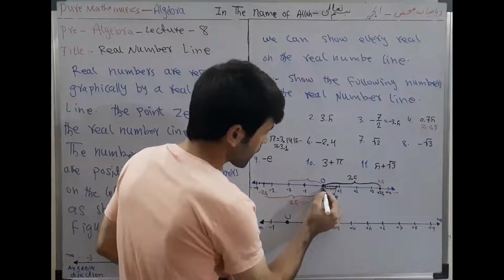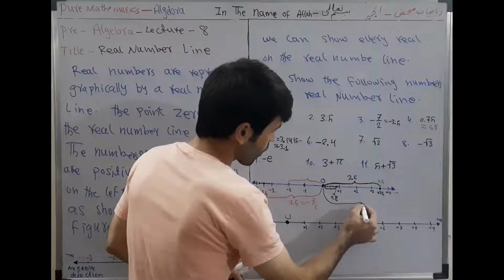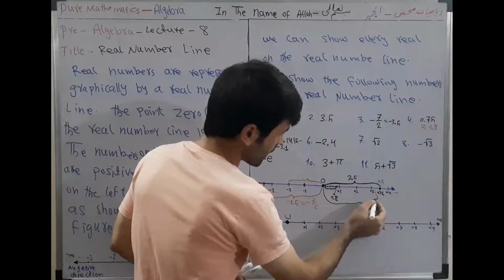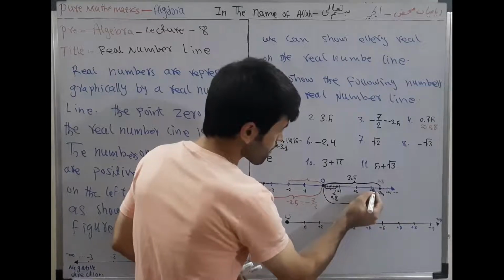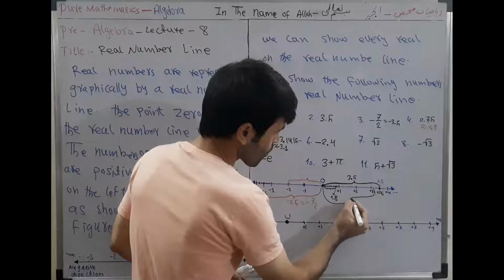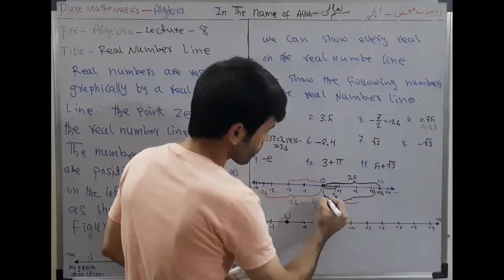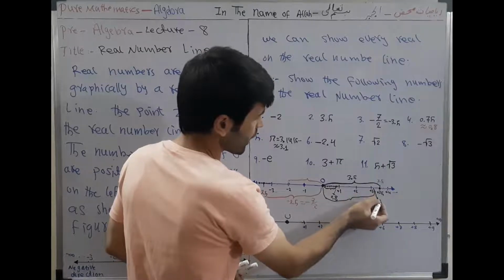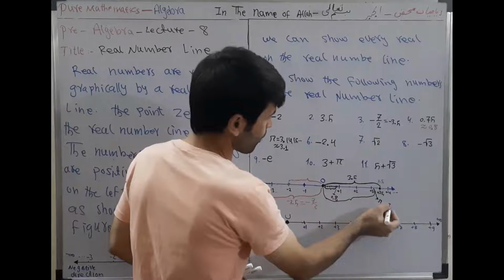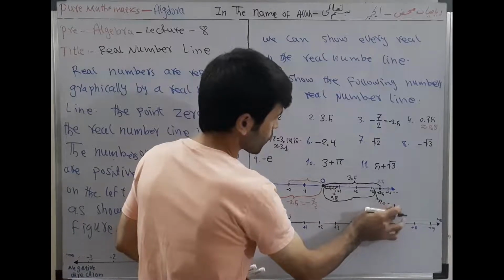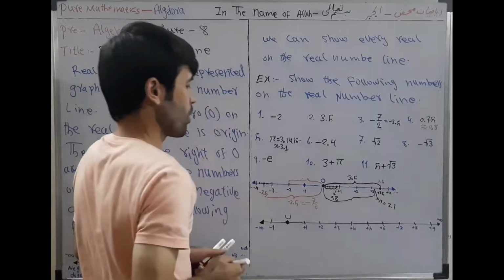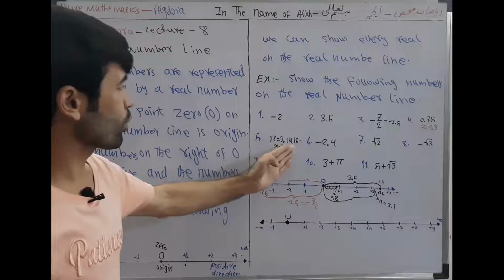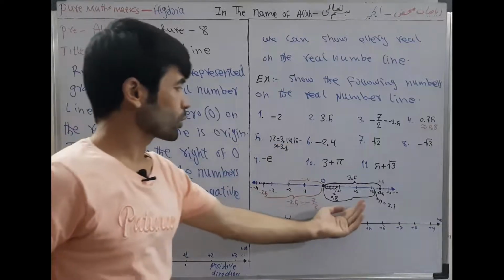From here up to 3.1. 3.1 is here. It is actually pi. Pi is approximately 3.1. Also, we can show pi is equal to 3.14159, and so on. We can show it like this.